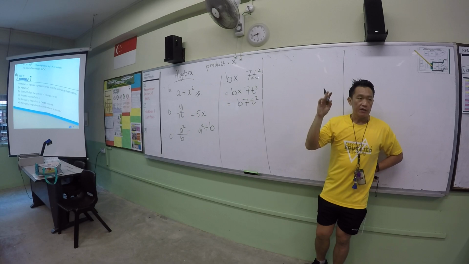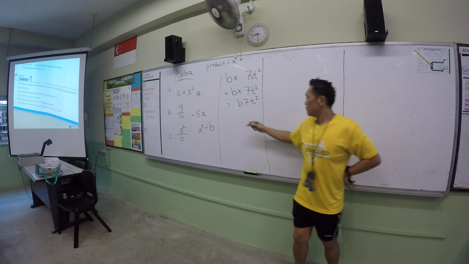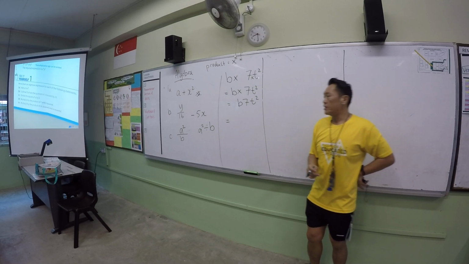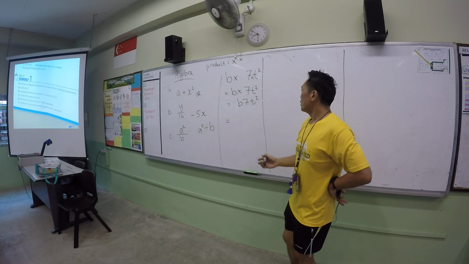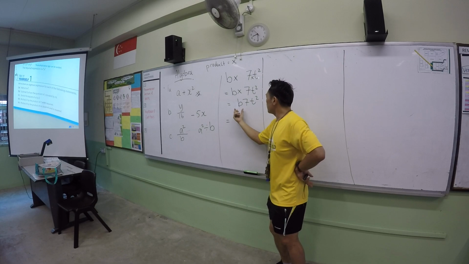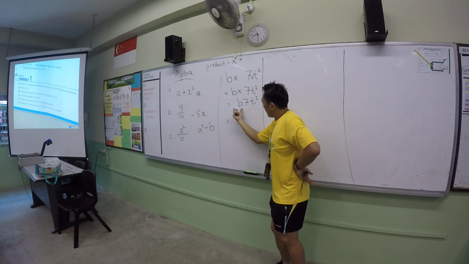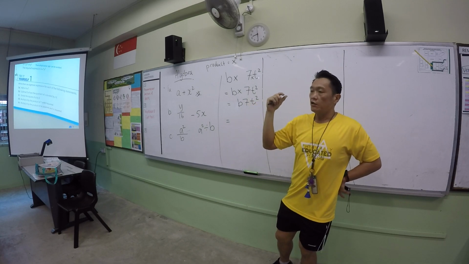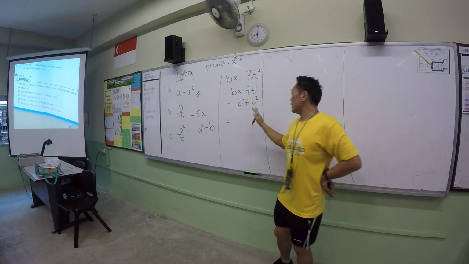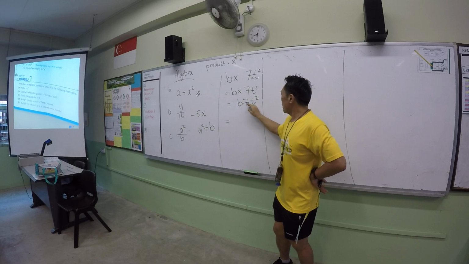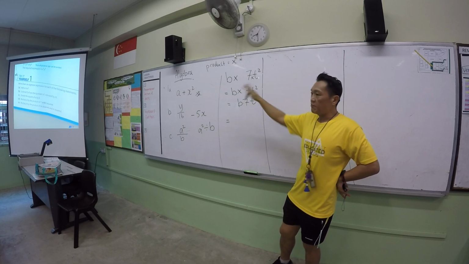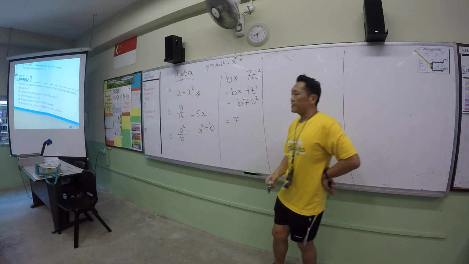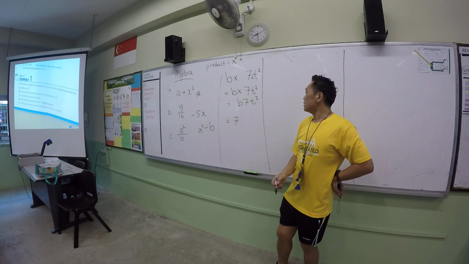Okay? Then now, one other common rule. We usually wouldn't write alphabet, number, alphabet. Usually we will put all the numbers within all these multiplications at the front. So we will write 7 first. Okay?